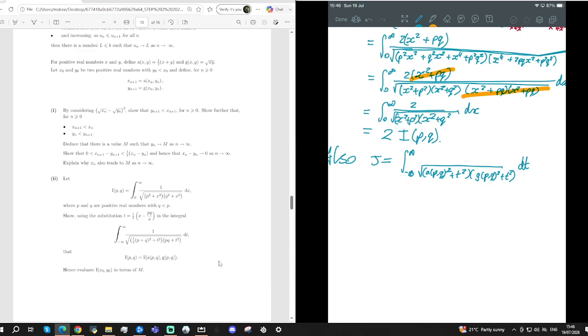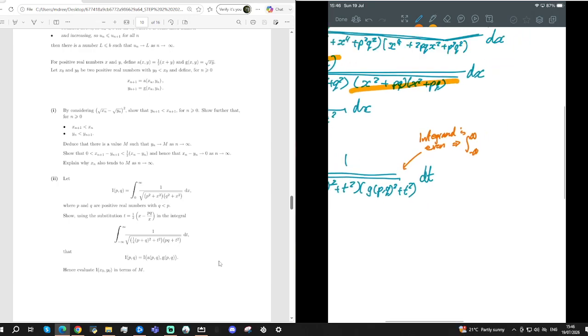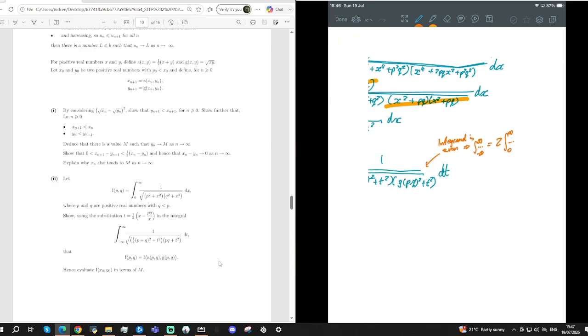But notice that this integrand is even. The positives and negatives do exactly the same thing. So I should probably comment that rather than just stating it: the integrand is even. An even function is where you sub in a negative, you get the same as if you sub in a positive, which means the integral between negative infinity and infinity is really just 2 lots of the integral, and I'm really abusing notation here, between 0 and infinity.